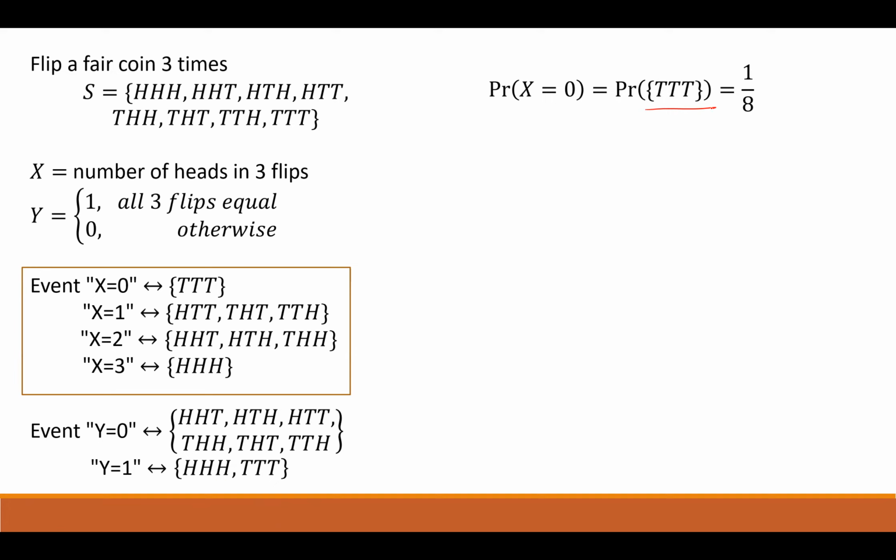I skipped a lot of steps, but this is a uniform sample space, so I can take the size of this event x equals 0 over the size of the sample space, which is 1/8. I skipped those in between steps, but that should be hopefully pretty clear at this point.